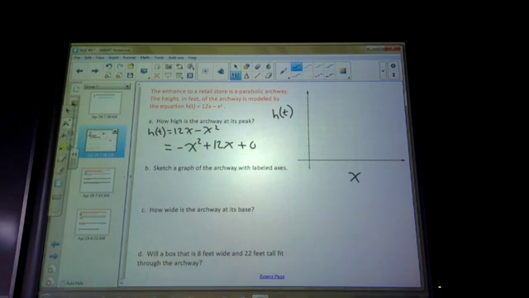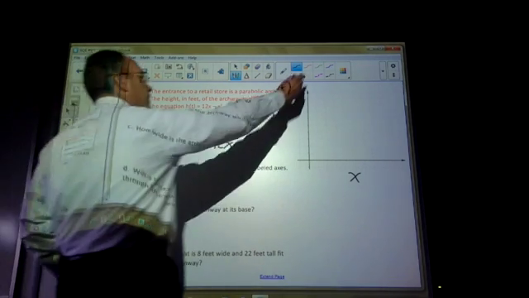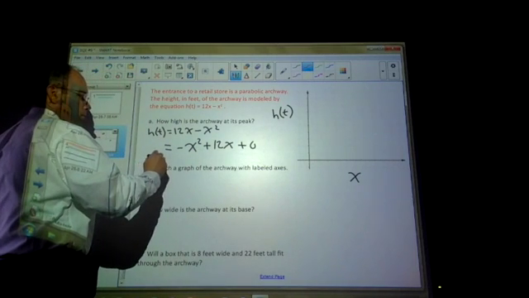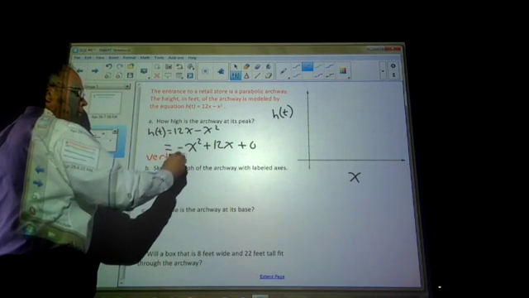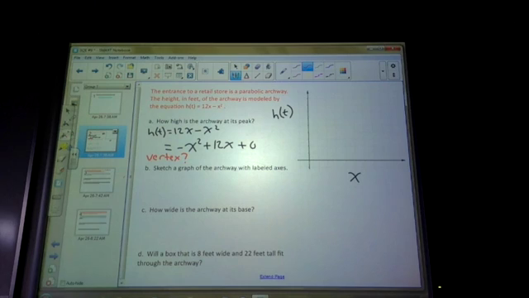Do I have enough information to find the vertex? Can I find the vertex? Any ideas? What's the quick equation we got?